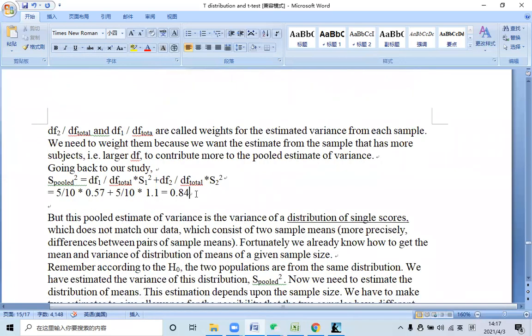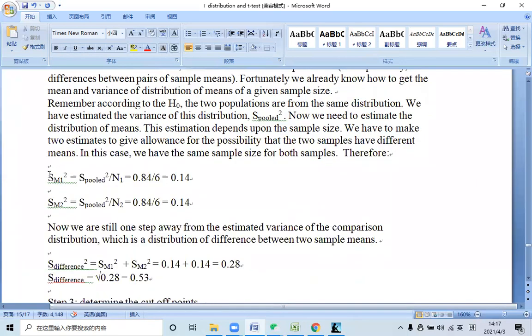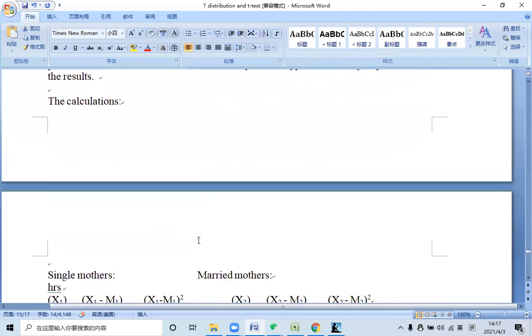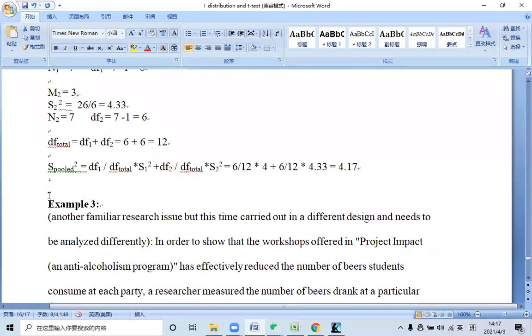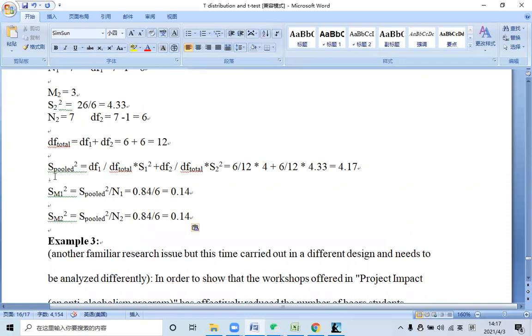We got the pooled estimate, and now we need to get the distribution of means. A distribution of means needs the variance.